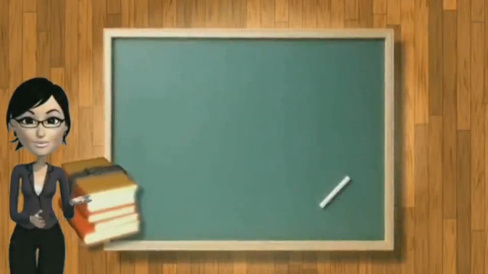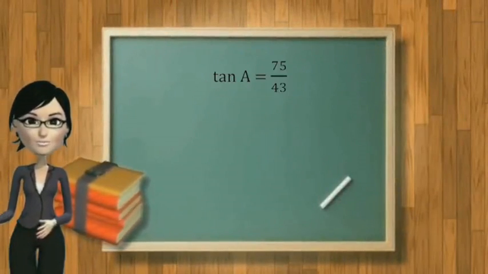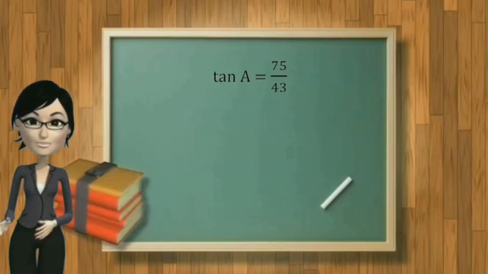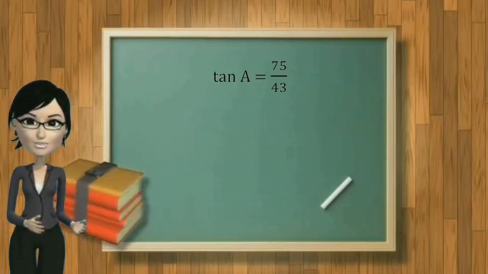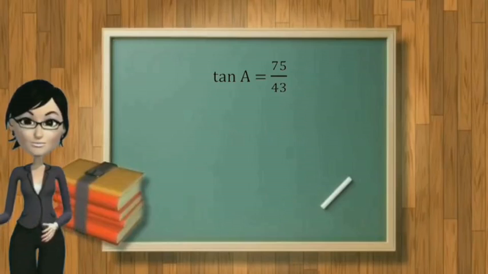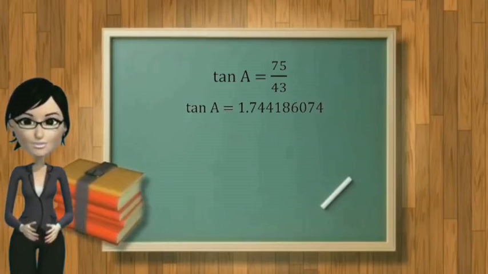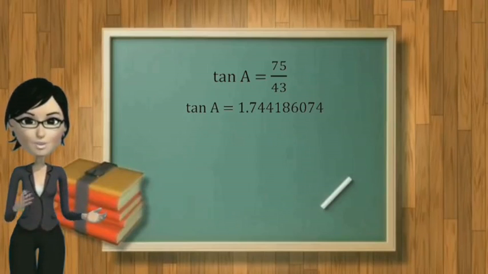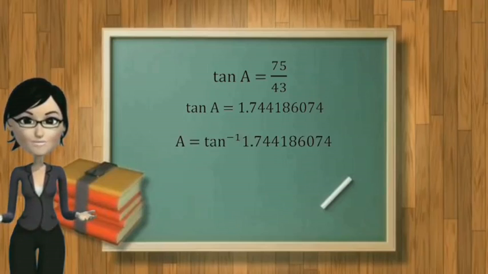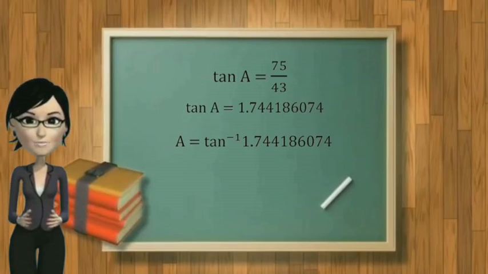So here is the solution. Tan A is equal to 75 over 43. Next, we divide 75 over 43. So we have tan A equals 1.7441866074. Transpose the tangent, and it becomes tangent raised to the power of negative 1 times 1.7441866074.